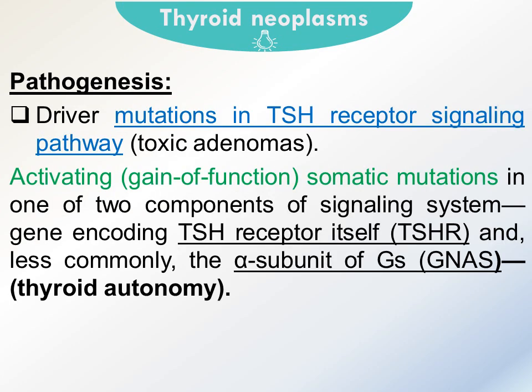Driver mutations in the TSH receptor signaling pathway play an important role in the pathogenesis of toxic adenomas. Activating gain of function somatic mutations in one of two components of this signaling system, most often the gene encoding the TSH receptor itself, and less commonly the alpha subunit of the guanine nucleotide binding protein, allow follicular cells to secrete thyroid hormone independent of TSH stimulation, and this is the thyroid autonomy.